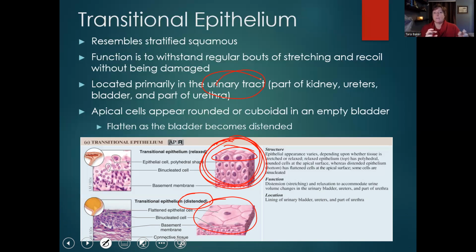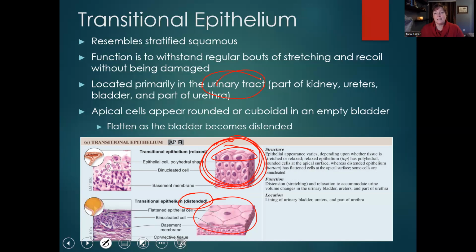Then we talked about some special characteristics or special structures that can be added to those simple columnar, and that was cilia and microvilli. Then we talked about pseudostratified columnar, ciliated epithelia. And then we talked about stratified squamous. Then we talked about stratified cuboidal, stratified columnar, and then lastly, transitional.